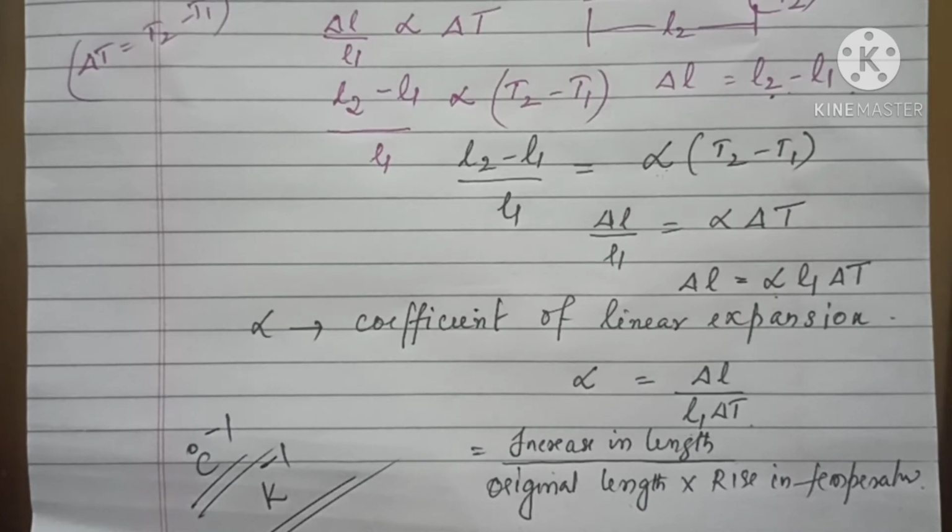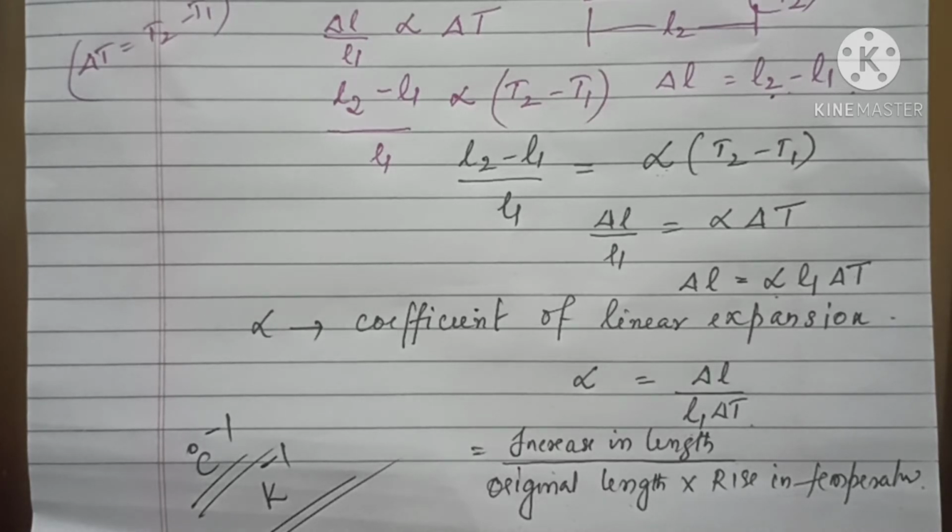We are considering a rod having a length, then when you apply heat to that body, it expands and its length increases. So there is a change in the length and there is a change in the temperature, and this change in length is proportional to the change in temperature.